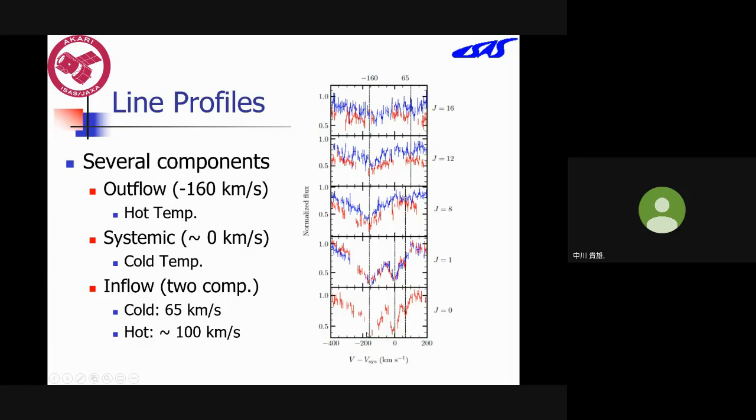But we do have other components, like an outflow component with a velocity of 160 kilometers per second, which persists up to very high J. And we also have a 100 kilometers per second inflow component, which can be seen only at very high J, which means a very hot component.